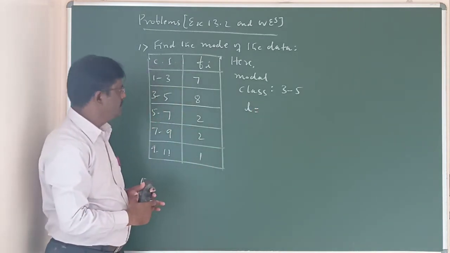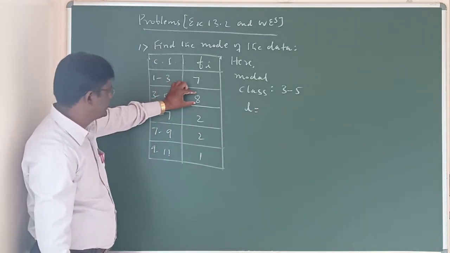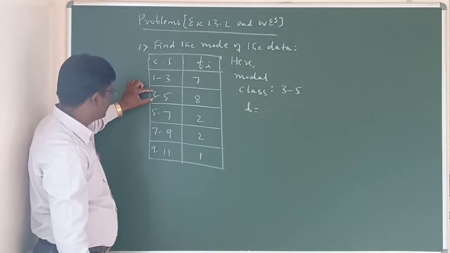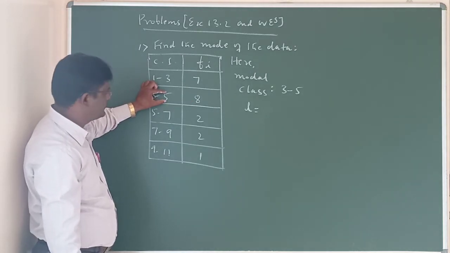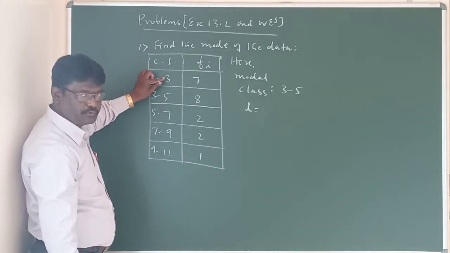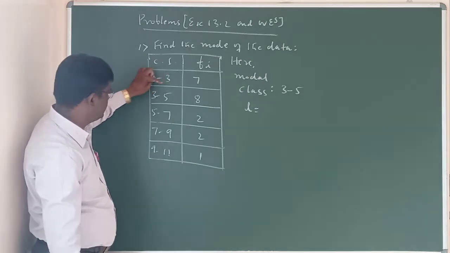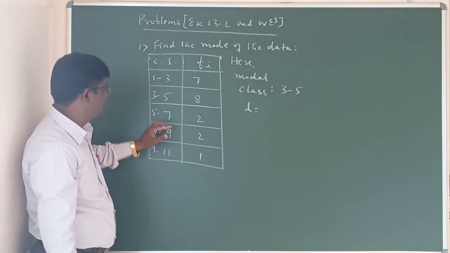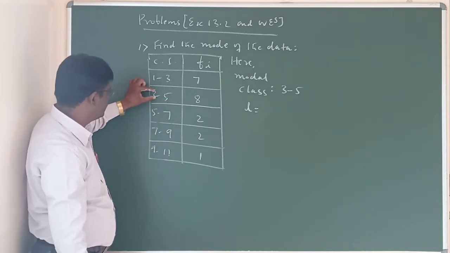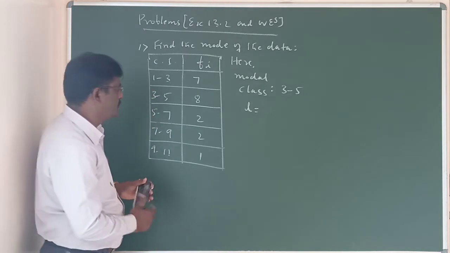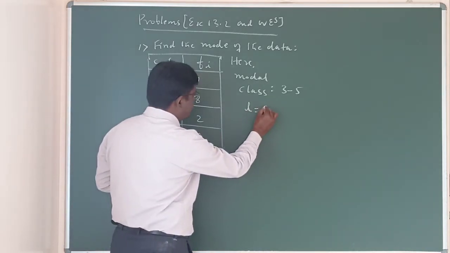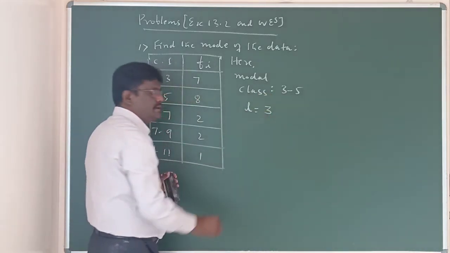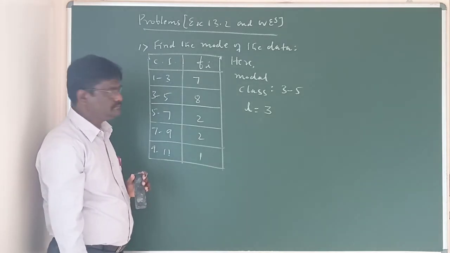In this, the lowest is 3 and the highest is 5. In case of exclusive class intervals, where 1 to 3 is followed by 3 to 5, this number 3 itself is the lower limit. Hence the lower limit L is 3.